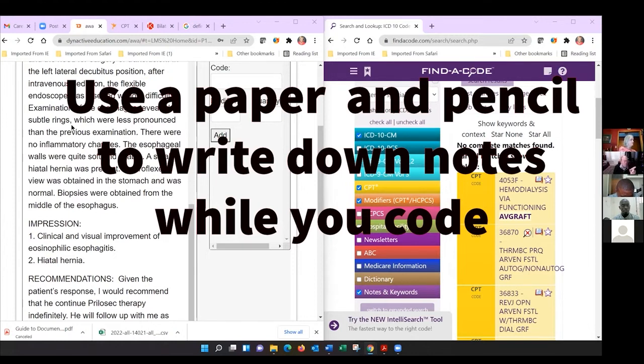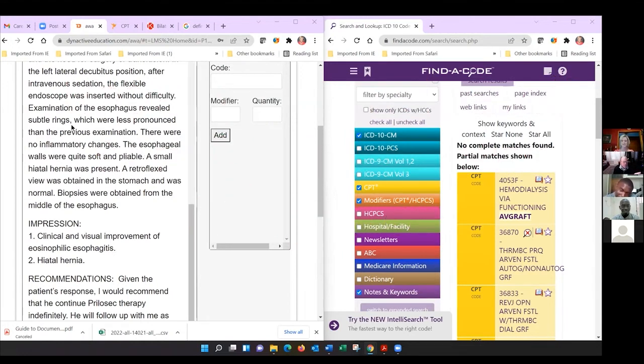Okay, I have a question. I'm going to join these students because I'm not a coder. When he went in and looked at the esophagus and the rings were subtle, less pronounced than a prior examination, is that noteworthy? I mean, the fact that something changed? No, because he should tell us through this report what those changes end up being. What does he find?